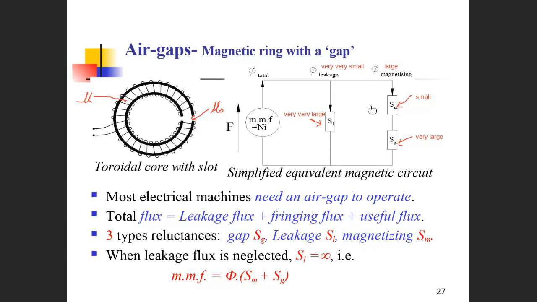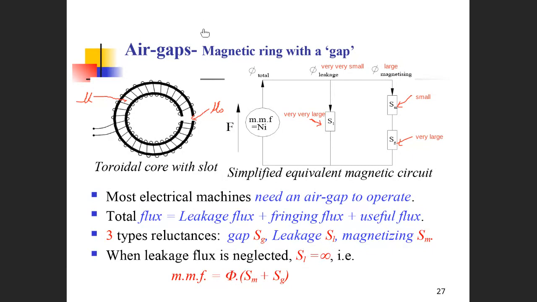For this branch, the flux is phi and the reluctance is Sm plus Sg. So the magnetomotive force drop is phi times these two. That's the meaning of it.